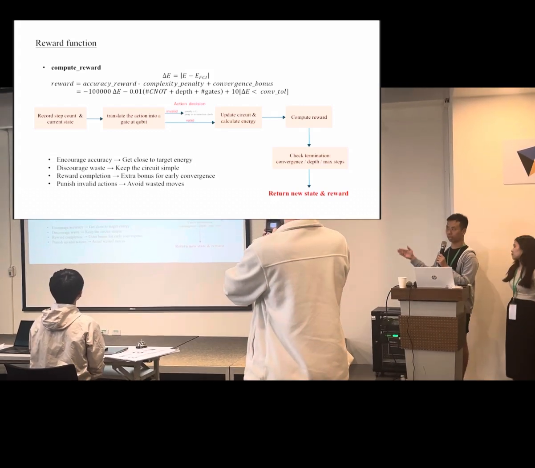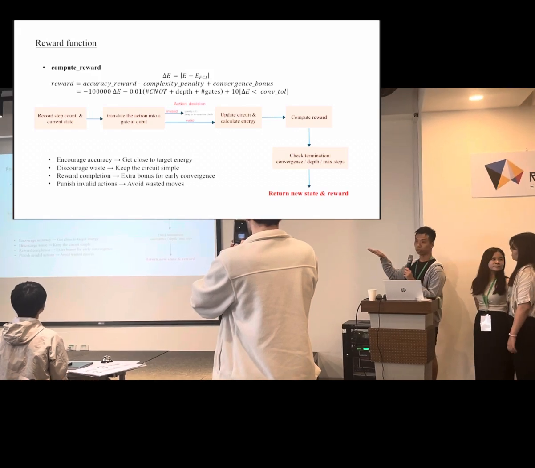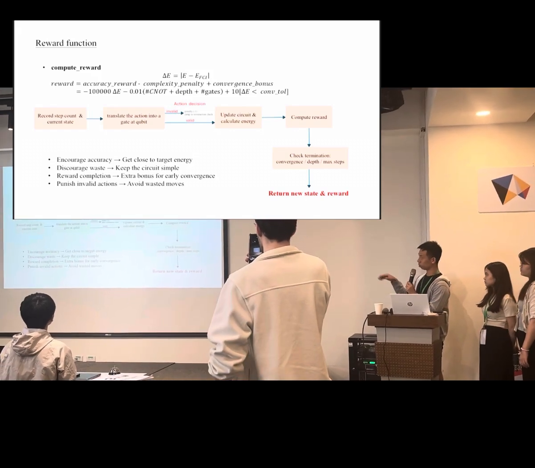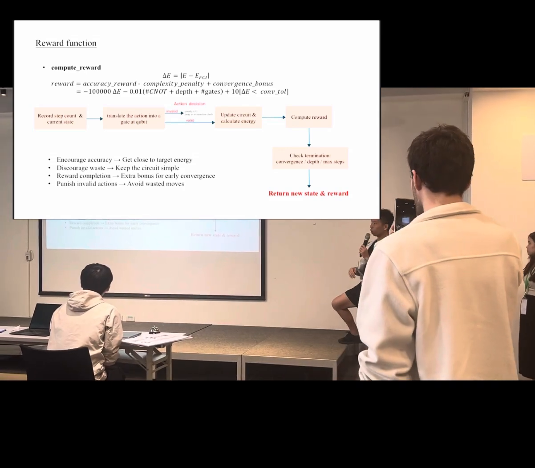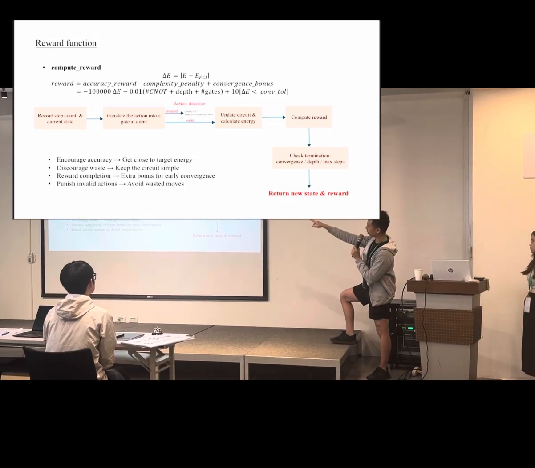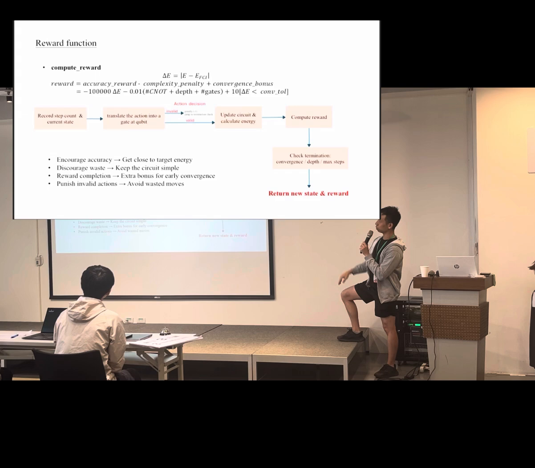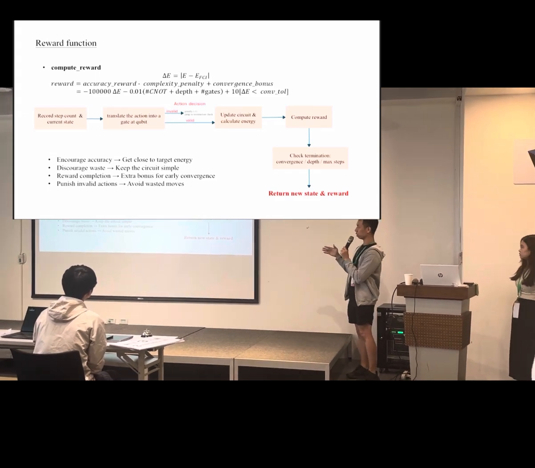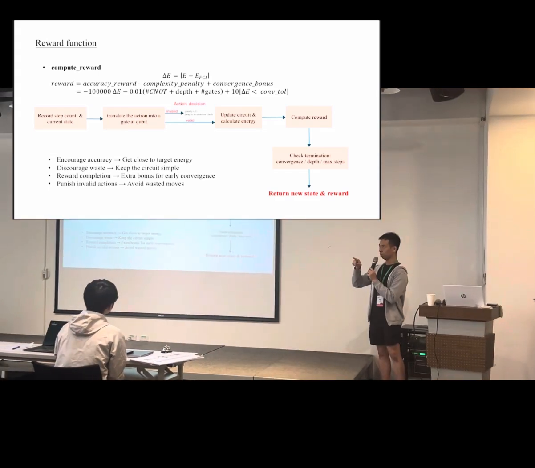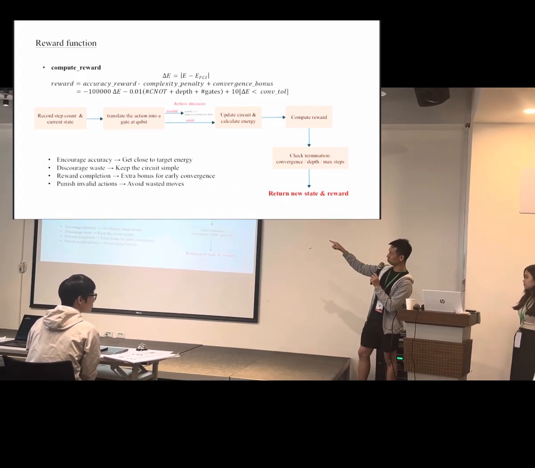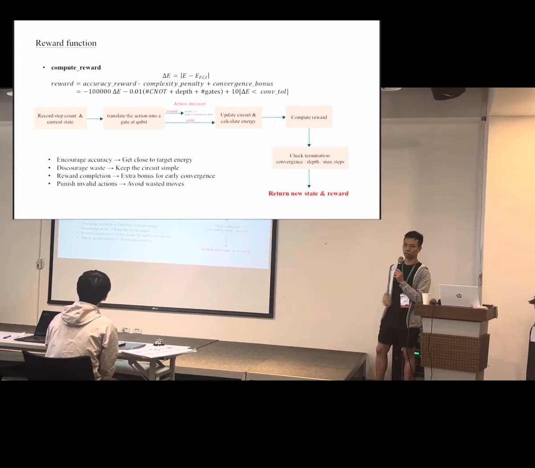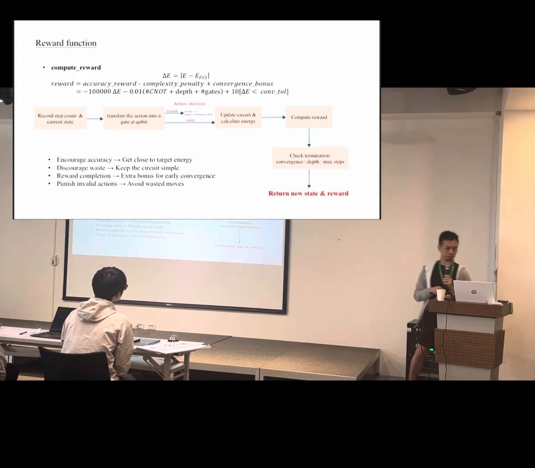If it converges, we give an extra reward at the end. We set a high weight on delta E because we want to minimize the difference to 10 to the minus 5, and the weight is 5, so it matches.